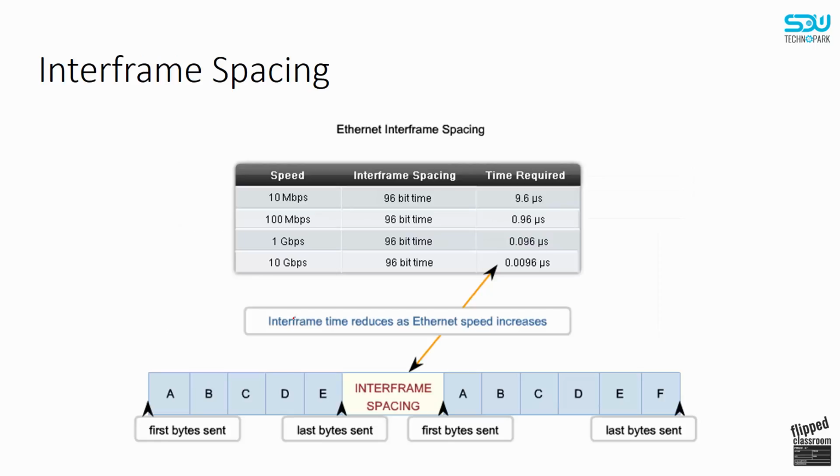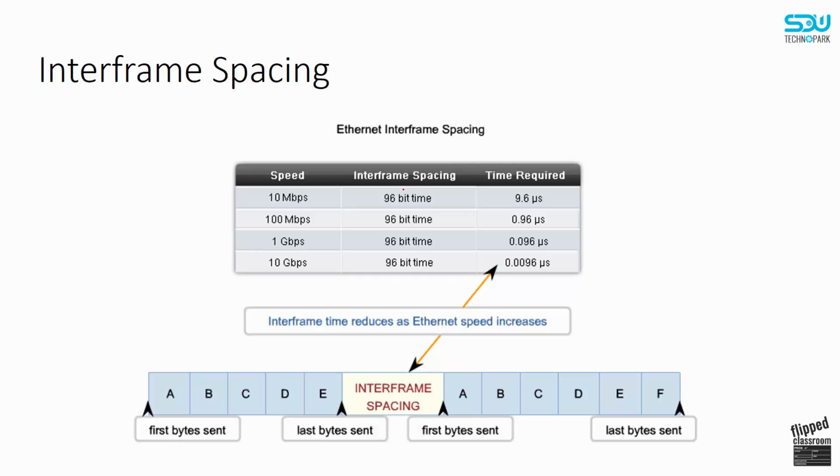All right, let's continue. Also, as a timing interval, we have interframe spacing. When our device is generating multiple frames in a queue, after your device generates one frame, it has to wait for the interframe spacing.